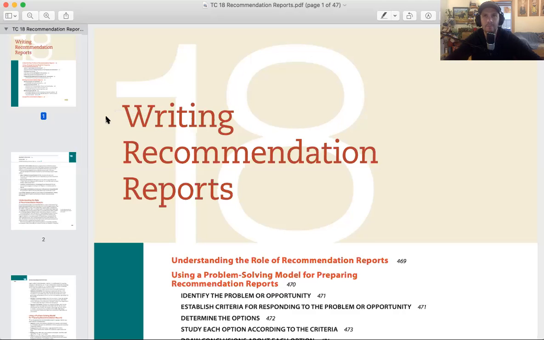The recommendation report is quite similar to a PSA in that it focuses on looking at certain problems or challenges that exist, and then how to solve that problem or deal with these challenges.